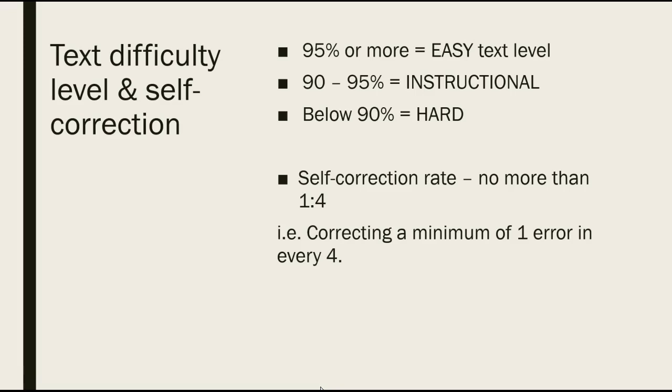In this case, the child is 6½, and the text is a PM reader at level 15 to 16, which is below what would be expected for this age. A self-correction rate of 1 and 2 is good. This means that the child is reading for meaning and is monitoring his reading.